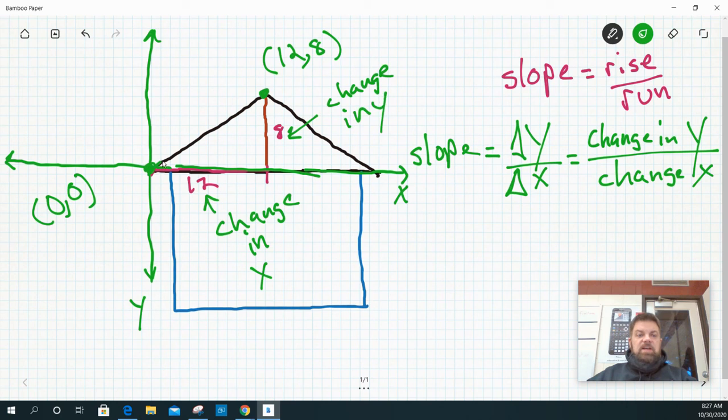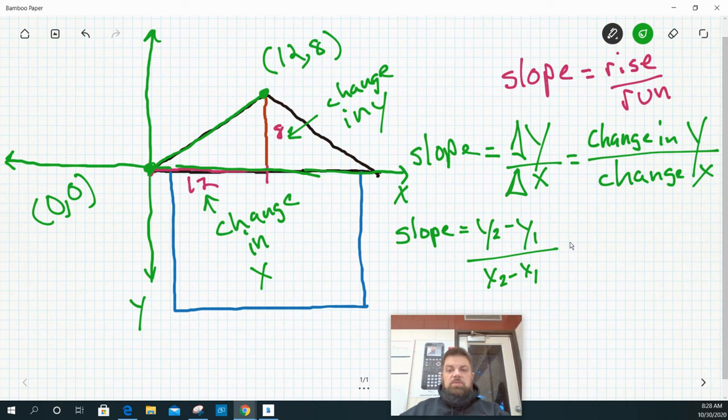Now I'm only focusing on this segment of the roof, okay? So if I wanted to find that, one way I could do that is I could just count it, or I could do the formula, which is y sub 2 minus y sub 1 all over x sub 2 minus x sub 1.